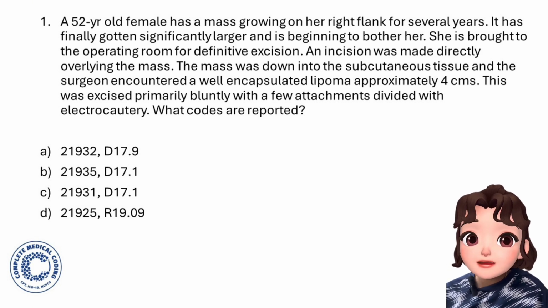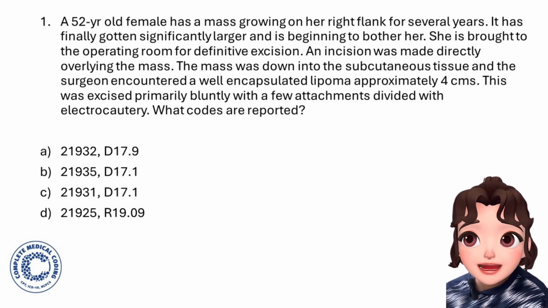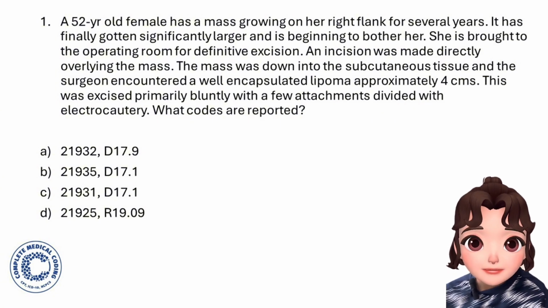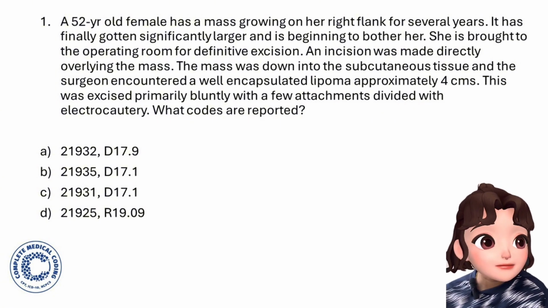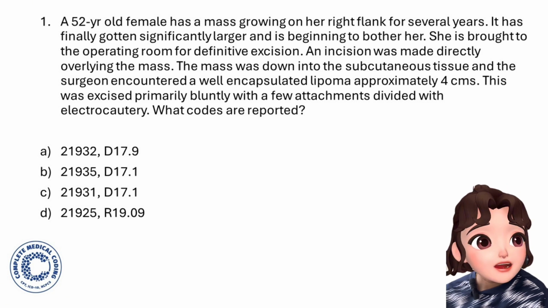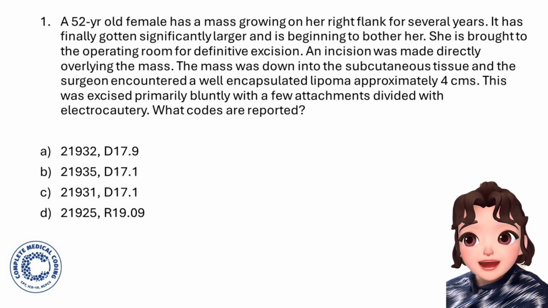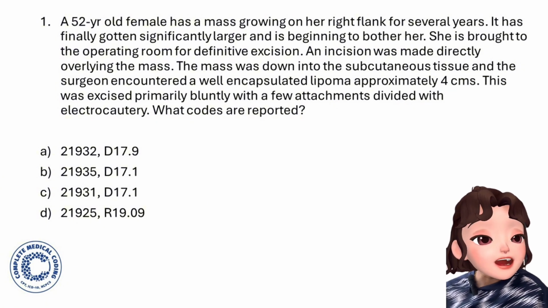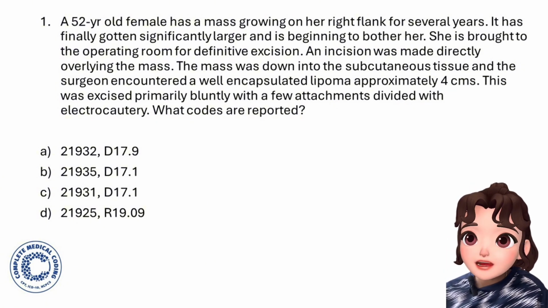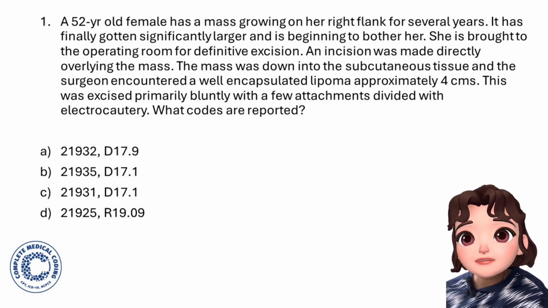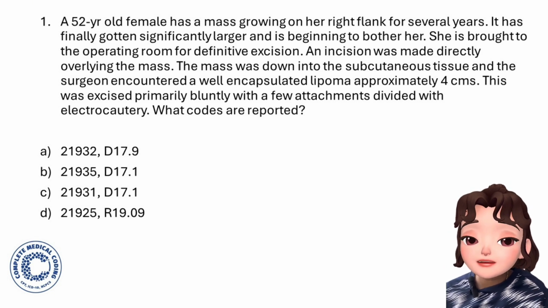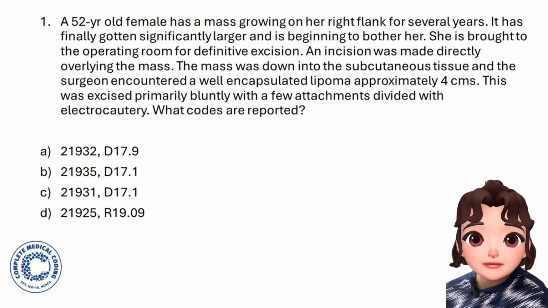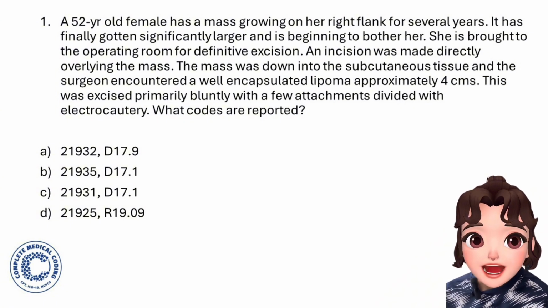Let's look at which code will be suitable. What is D17.9? You can open the ICD book. D17.9 represents benign lipomatous neoplasm, unspecified. This is not unspecified, because the anatomical site is mentioned as the right flank.